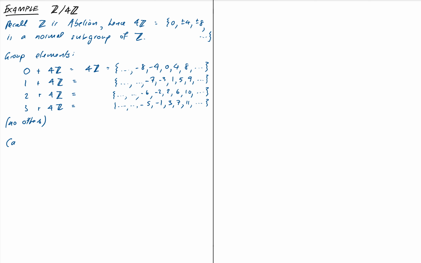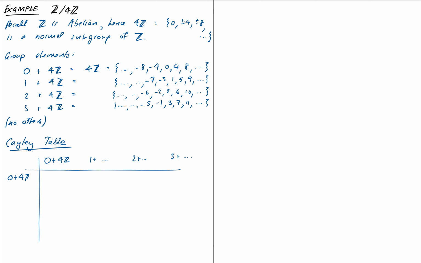Alright, so let's see what this group looks like. We'll make a Cayley table and see how they combine. So we'll have 0 plus 4Z, 1 plus 4Z, 2 plus 4Z, and 3 plus 4Z, and then down the other side we'll have the same thing.